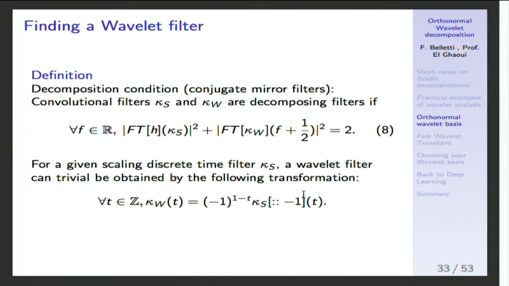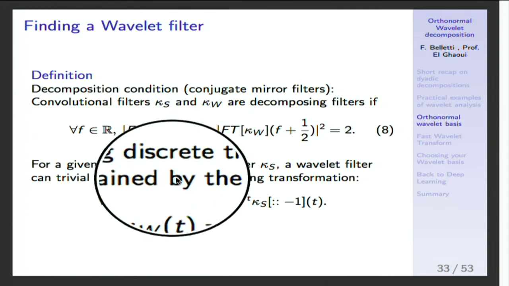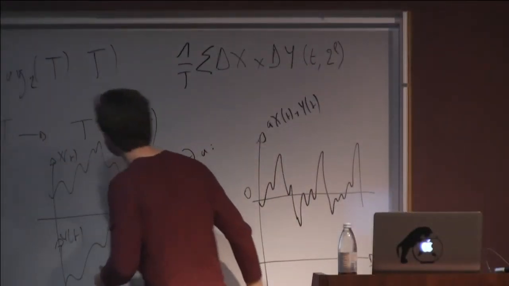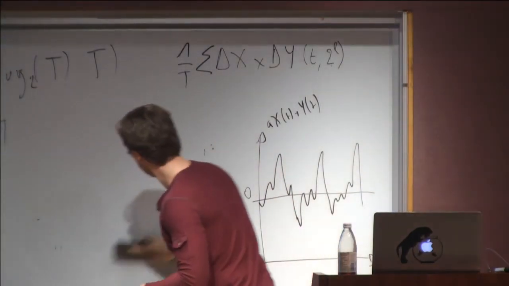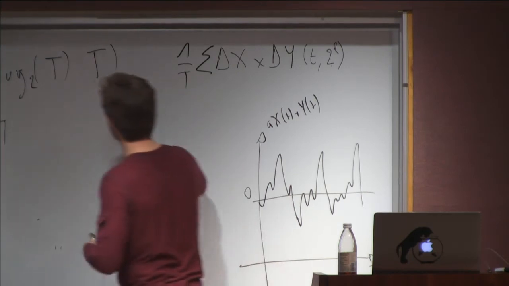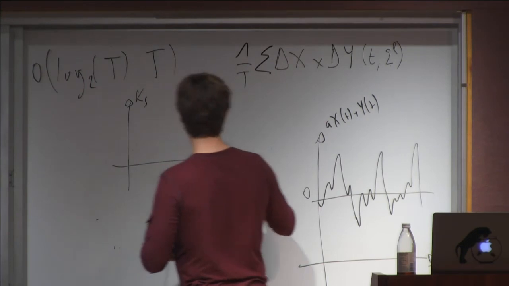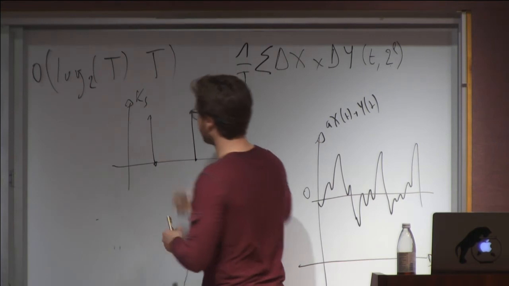As soon as I had that, which was really hard to devise, as soon as I have the proper characteristic for kappa of S, I can find kappa of W very quickly. And here you can see a funny relationship between kappa of S and kappa of W. If I take, for example, a Haar function, and I plot the corresponding scaling filter, it's going to be this discrete time function, okay?